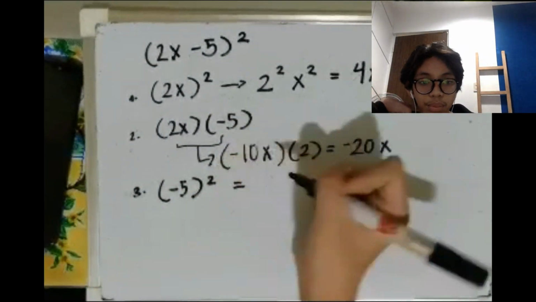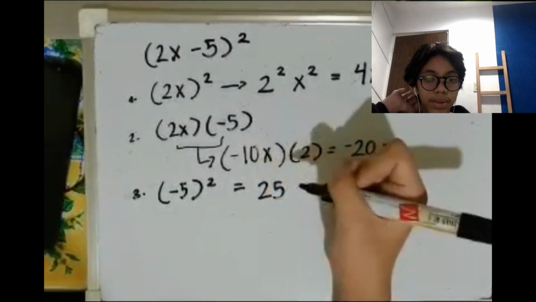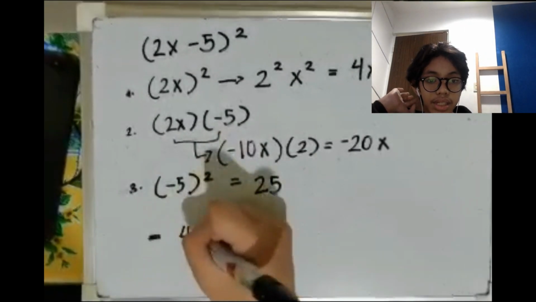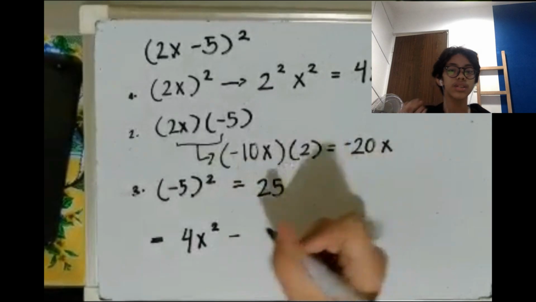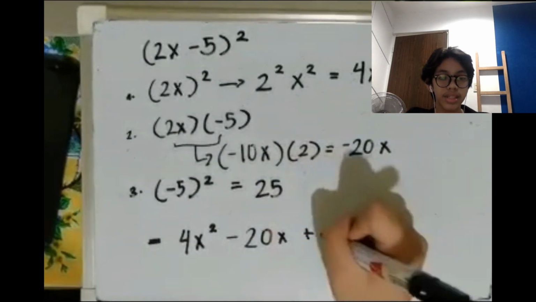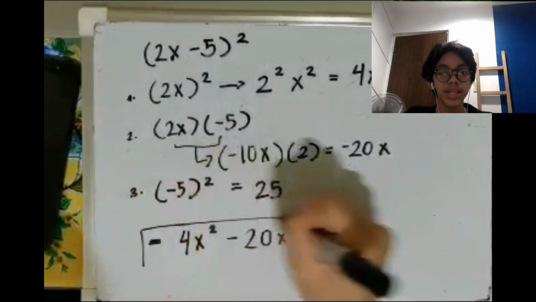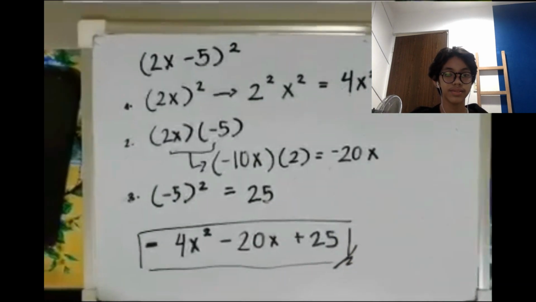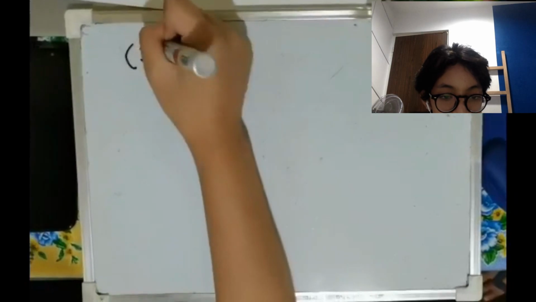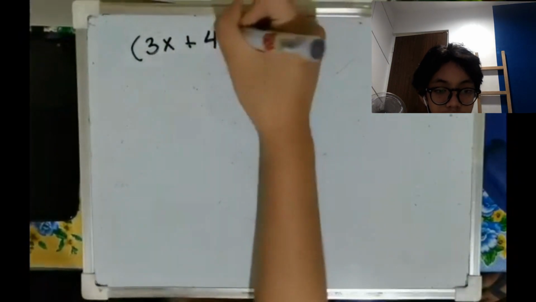Third and last step, we square the second term in the binomial. Negative 5 squared equals 25. To get the final answer, arrange it. 4x squared minus 20x plus 25. That's the final answer.